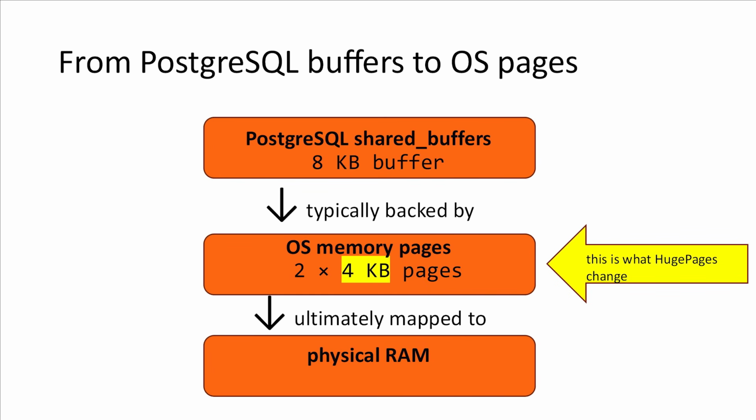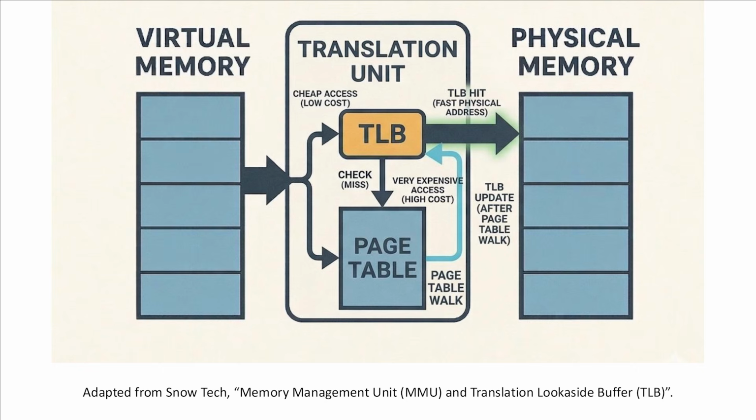So we can say that one 8K buffer is backed by 2 operating system pages. Okay, so we've got a 1:2 ratio. And this is exactly the layer that HugePages change. Okay, this middle layer.